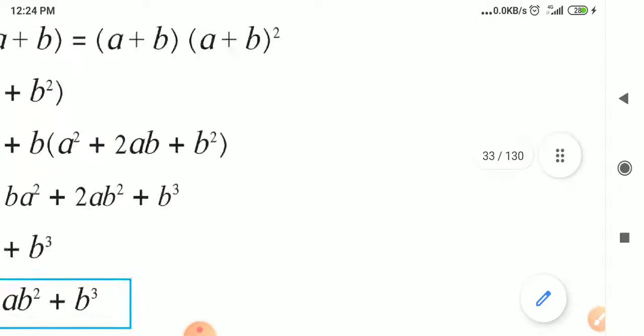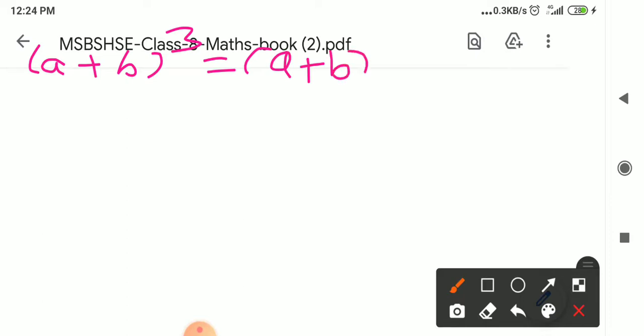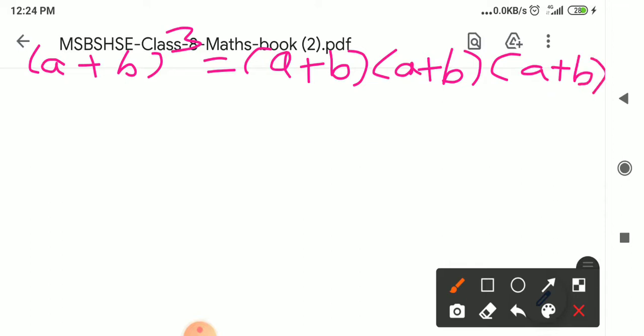So what I will do, I will show you this multiplication, then it will be clear for you. Here (a + b) cube means the multiplication of (a + b) three times: (a + b) into (a + b) into (a + b). In the next step I am taking the equal to sign here because of space problem.